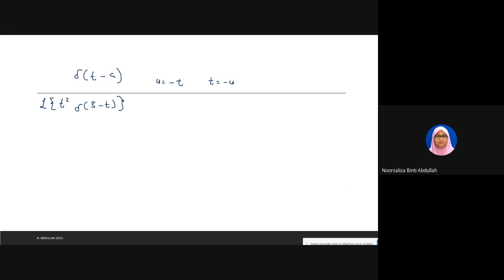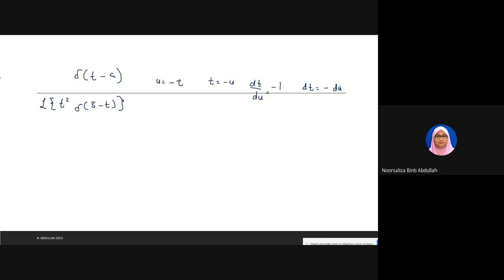Right? Then dt over du equals to minus 1, and dt is actually equals to minus du. You bring du up, right?